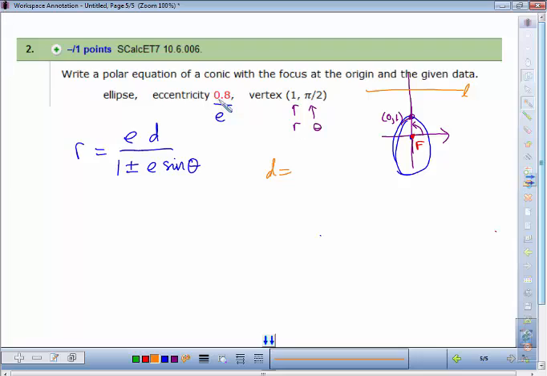It's the ratio between the distance from the point to the focus and the distance from the point to the line. And we do have one particular point right here, and x is equal to 0.